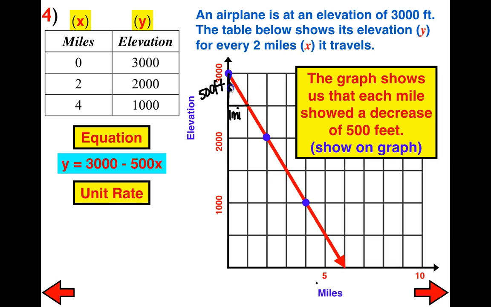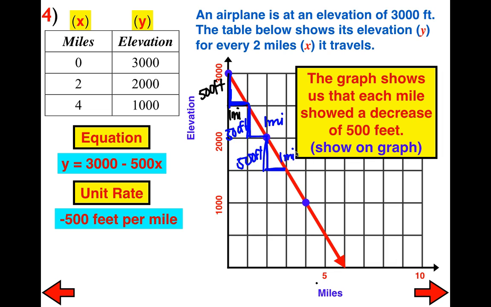Okay, again, it's 500 feet for every 1 mile. Again, dropping 500 feet for each 1 mile. So here I would say my unit rate is it's dropping 500 feet per mile.